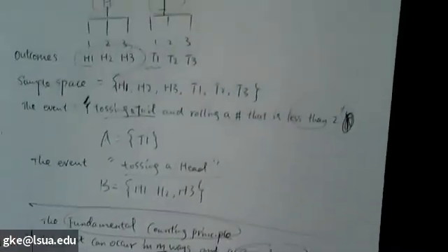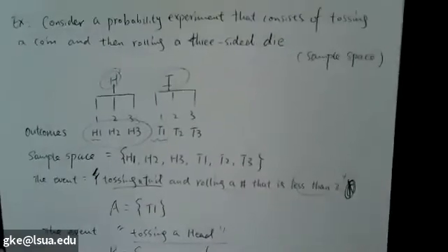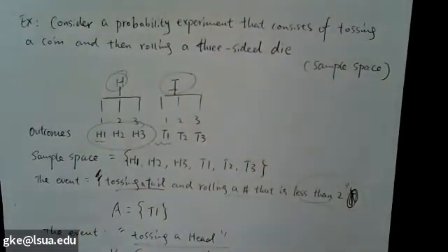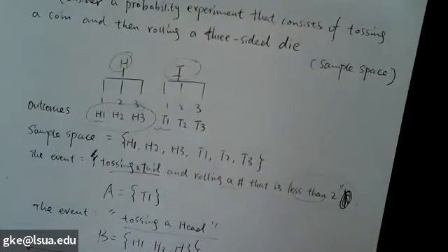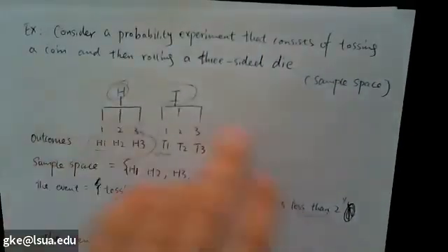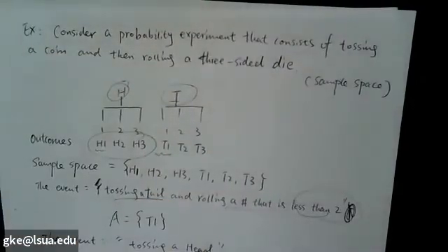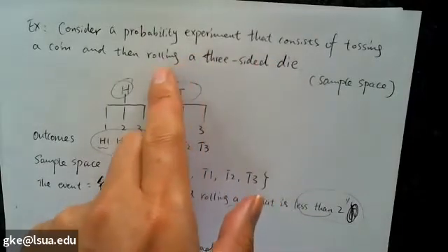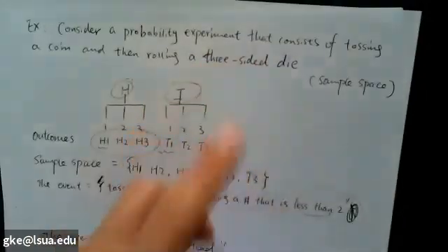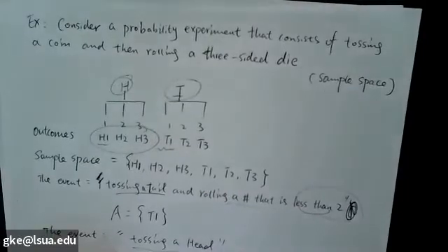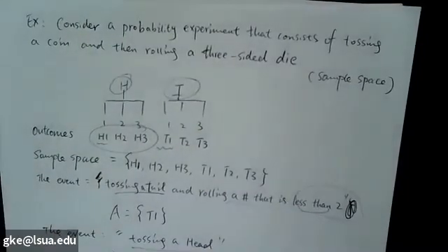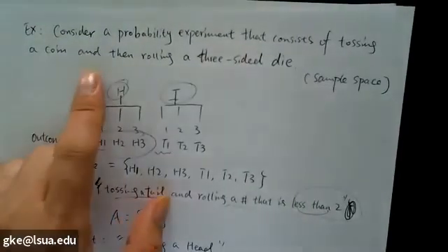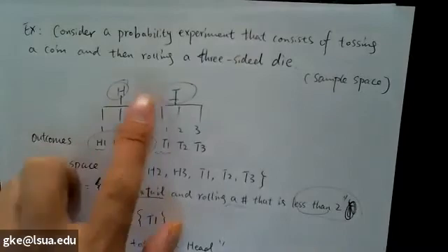For example, here we do an experiment that has two events. The first event is tossing a coin, and the second event is rolling a three-sided die. For tossing a coin, how many ways can we have? We can have head or tail, right? We have two ways.